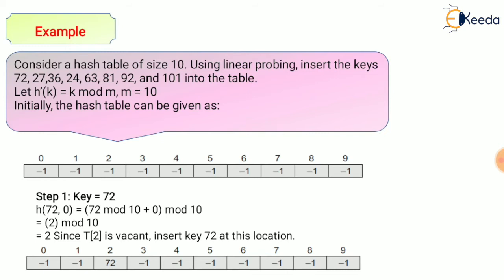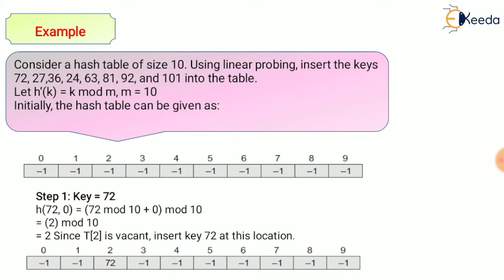So I have only tried to capture this part so that you understand the concept, and once you understand the concept you can easily solve the questions, the example based on linear probing. So here we'll take a hash table of size 10, meaning locations are from 0 to 9.